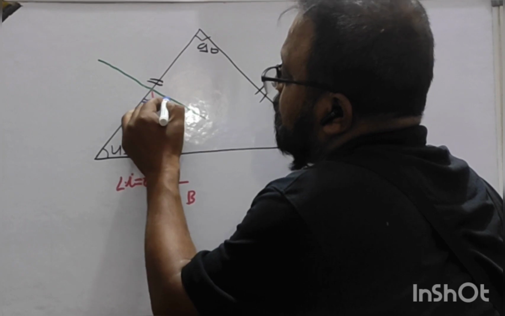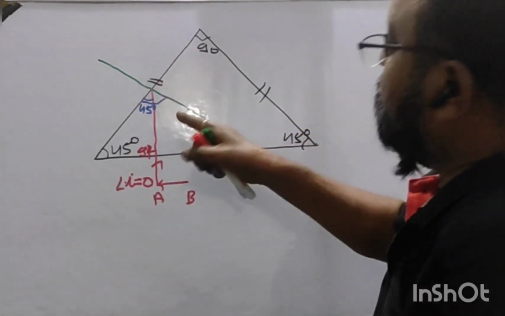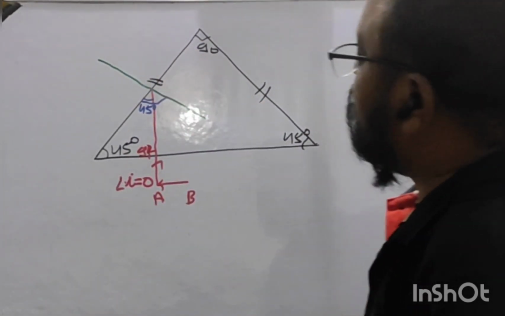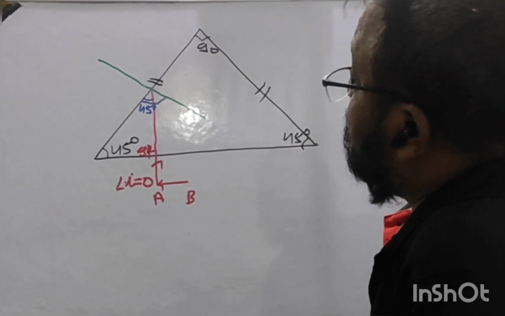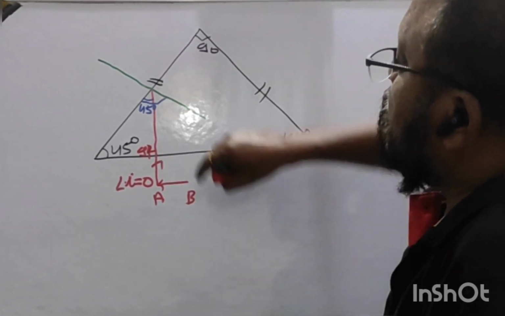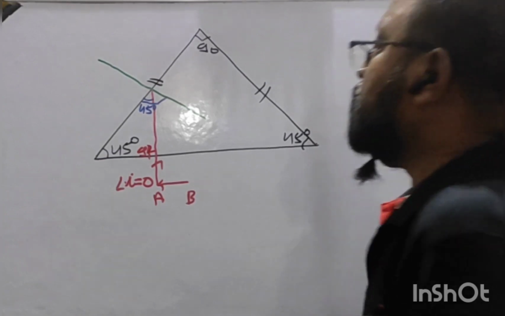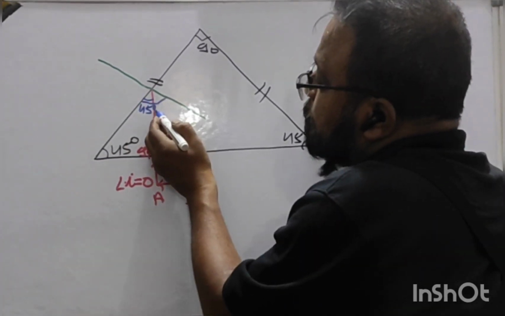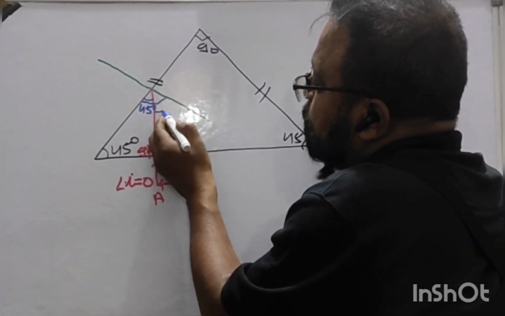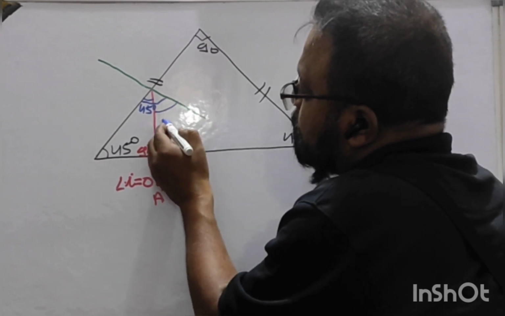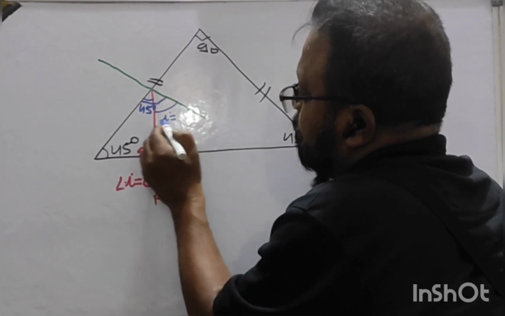Since it is 90 degree, the normal is always perpendicular to the surface. So this is 45 and this is 45. So the angle of incidence here will be 45 degree, right?